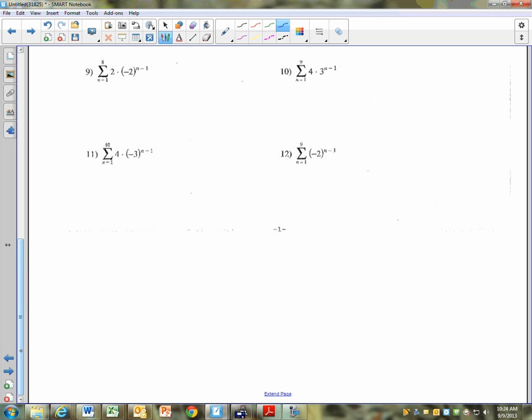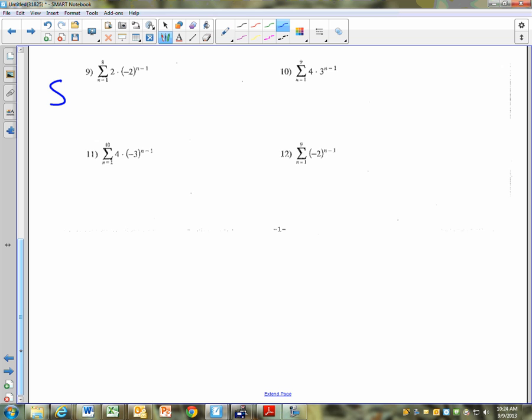Okay, let's look at number 9. Is number 9 a sequence or a series? A series. How do you know it's a series? Because it has a sum. So what we need to do is we need to be able to express this. We could write it all out, but all it's saying is find the sum of the series, evaluate it. So I'm going to look for S sub, how many terms am I adding up? 8.